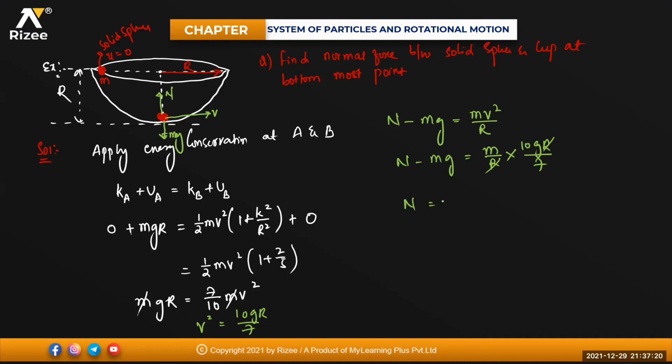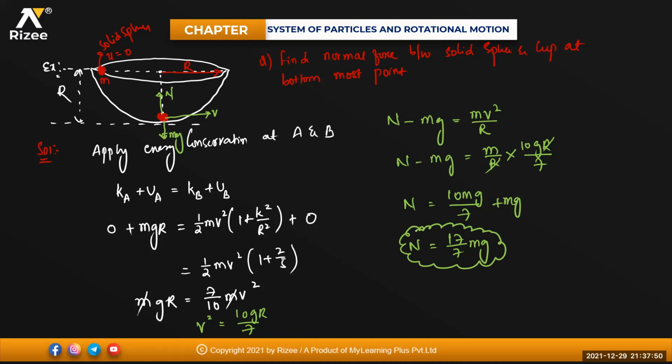So N is equal to 10 mg divided by 7 plus mg. Isn't it? So it is 10 by 7 plus 1. That means N will be equal to 10 plus 7, which is 17, 17 by 7 times mg. This is your normal. So N is equal to 17 divided by 7 times mg. Clear?